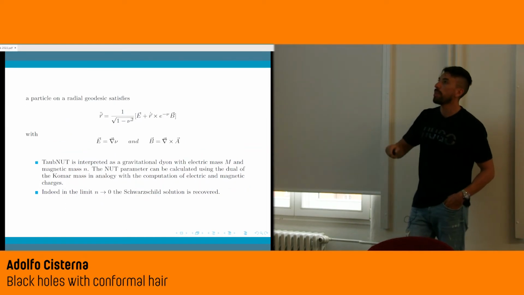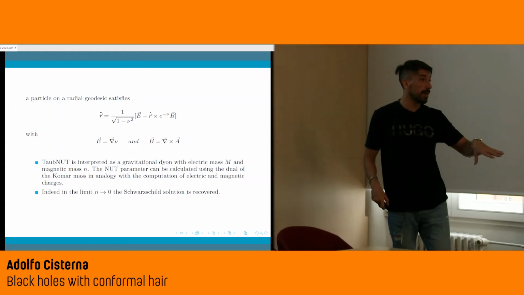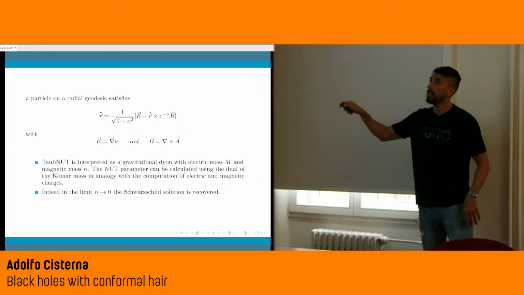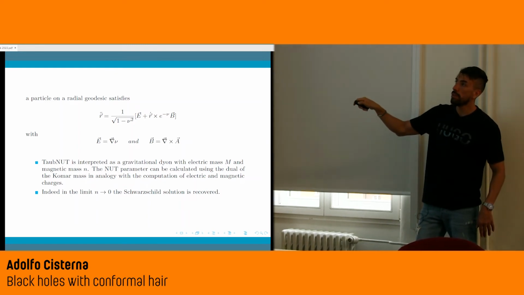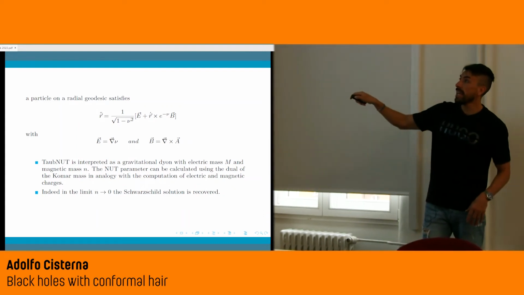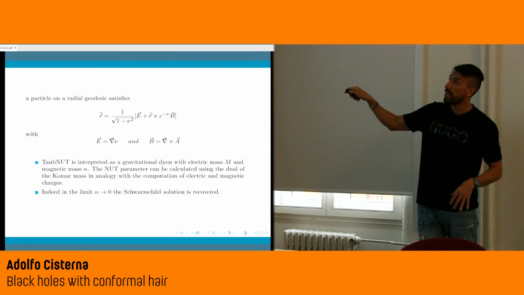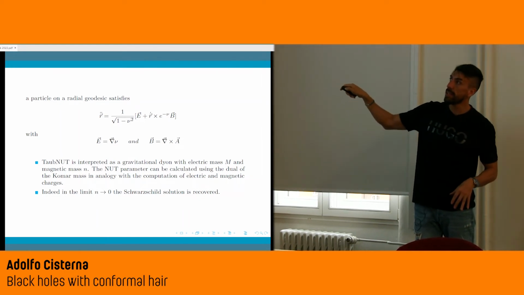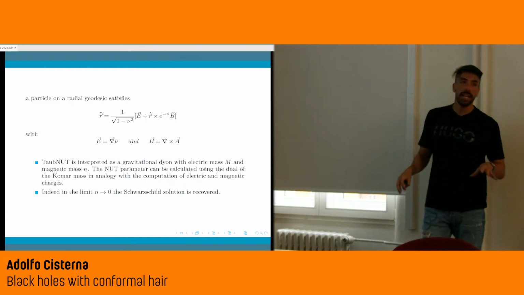And actually, if you compute the movement of a particle in radial geodesics in this spacetime, you will find that the radial acceleration of this particle follows this equation, where nu, this metric function, gives this vector once you apply the gradient, and where this A gives another vector when I apply the curl. And what this equation represents is basically the movement of a particle under an electric and magnetic field.